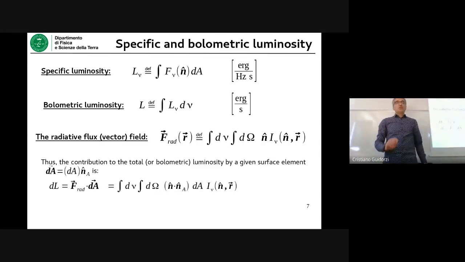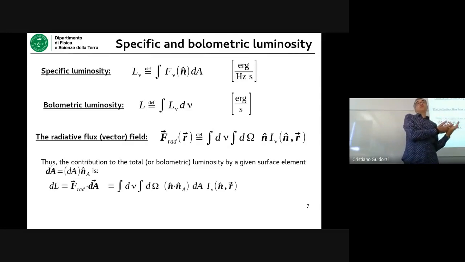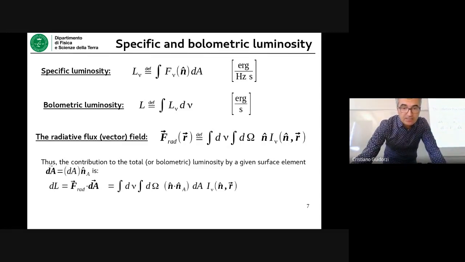Why this? Well, just do the calculation. You take the definition of radiative flux and you replace dA, defined in that way. You immediately see that n_A is fixed, while n changes because you are integrating over the entire sky. So n is a variable, and you cannot take n out of the integral. But you can bring n_A, which is the direction of the surface element and is fixed, inside the integral, no problem. This is exactly what I did here.